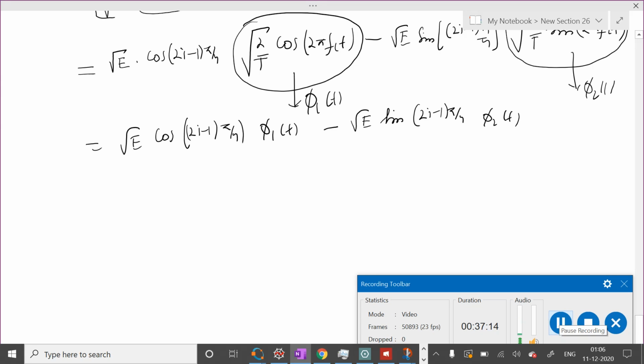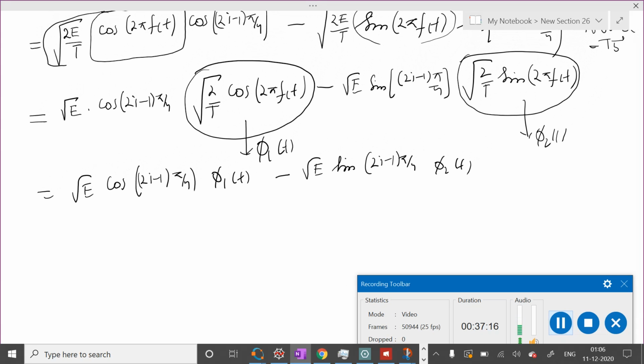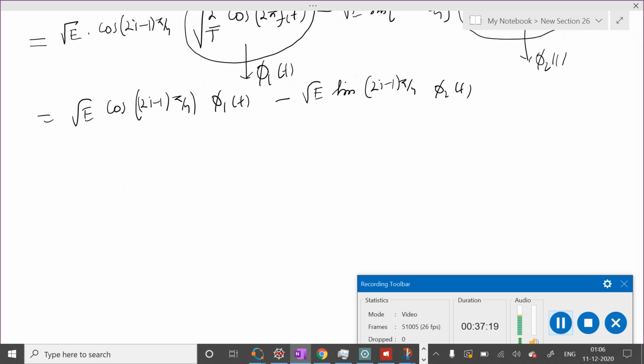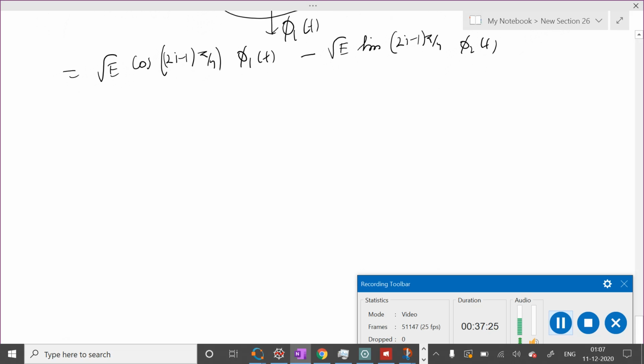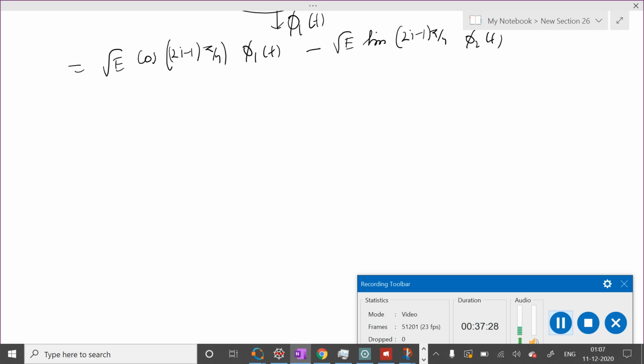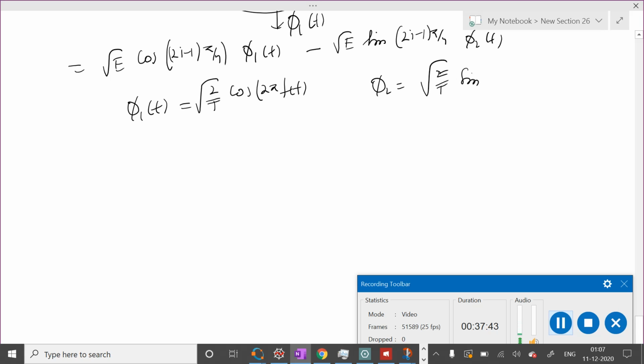Now, what is their baseband part? Cos and sine have a pi by 2 phase difference between them. In fact, we note a very important thing. Phi 1 is root of 2 over T cos of 2 pi fct, and phi 2 is root of 2 over T sine of 2 pi fct.